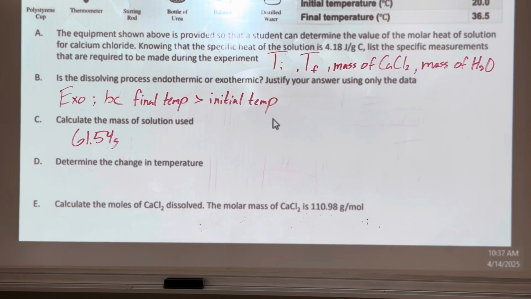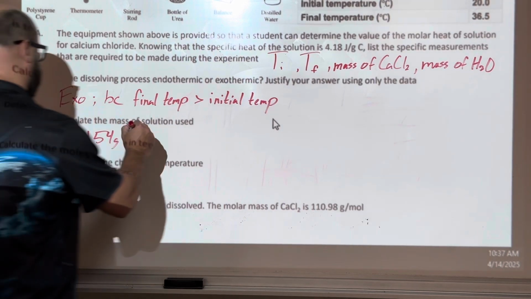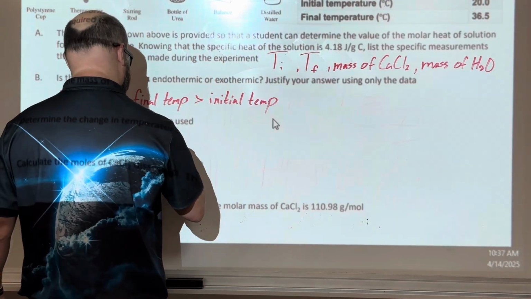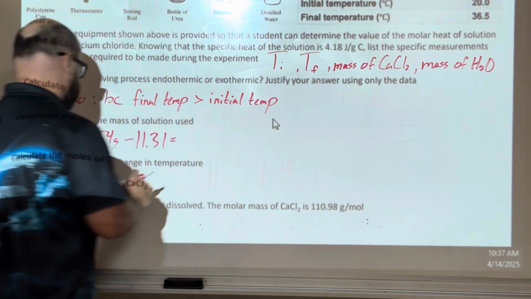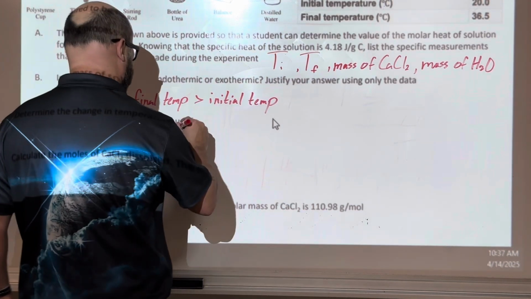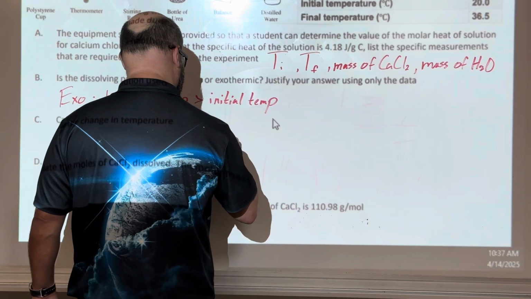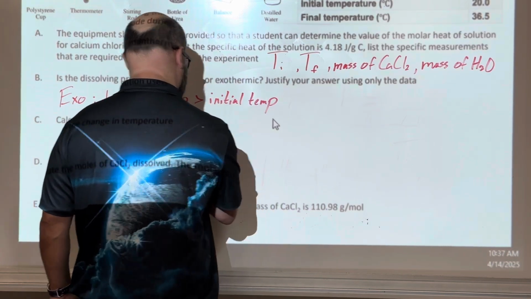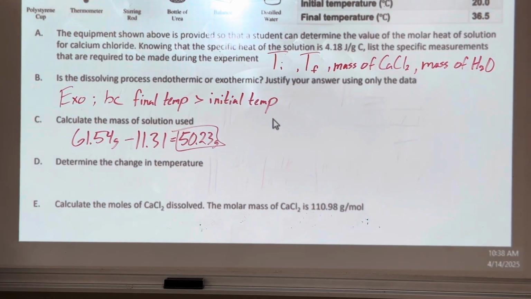And then the mass of the calorimeter is 11.31, so to find the solution, it would be just subtract those two. 61.54 minus 11.31, 50.23 grams. All right, that's the mass of our solution.